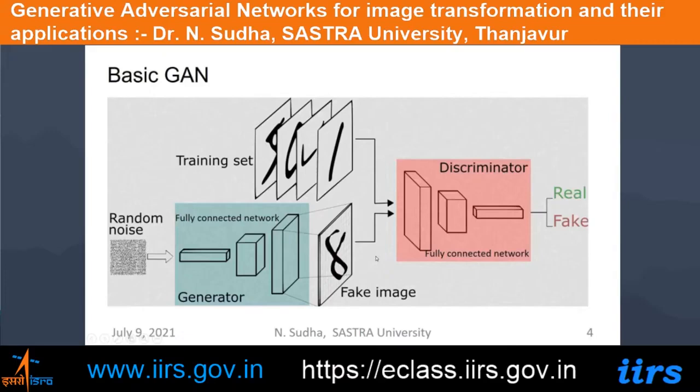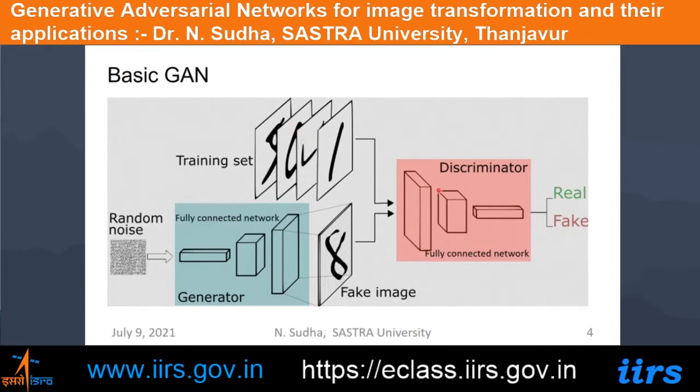So this is the basic structure of a generative adversarial network. It has one generator, which can be a fully connected network or even a convolutional network. And there is one more network called the discriminator, which receives the actual real training data and also the generated image, and then compares.